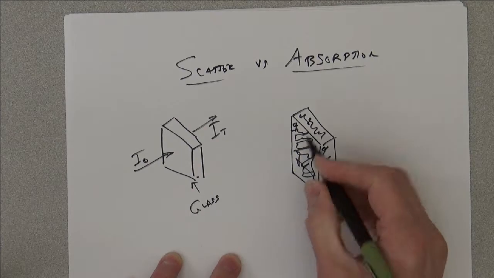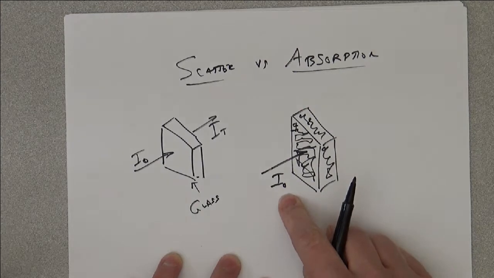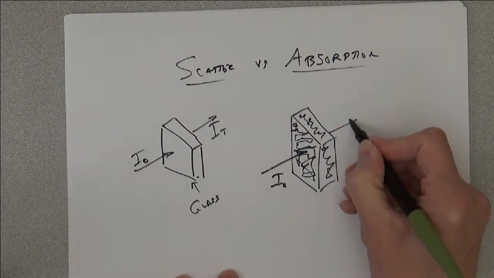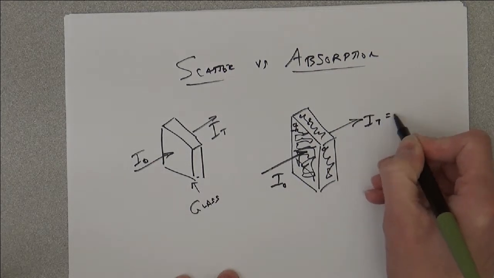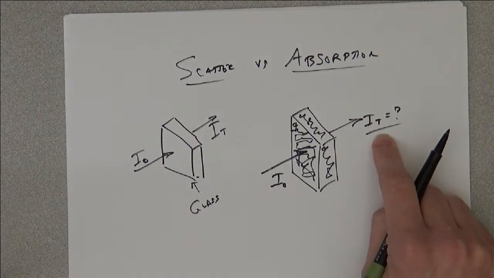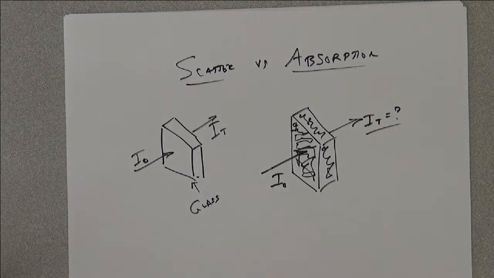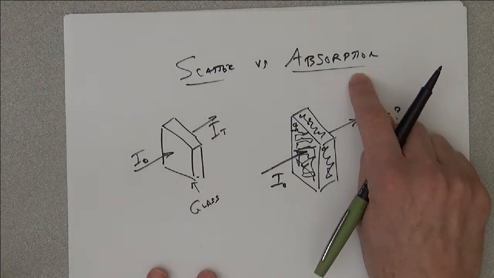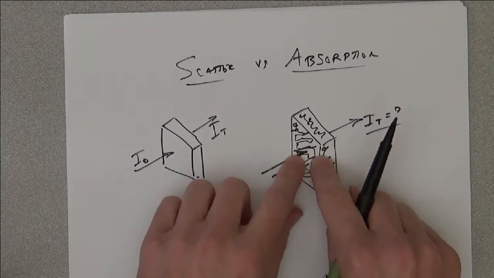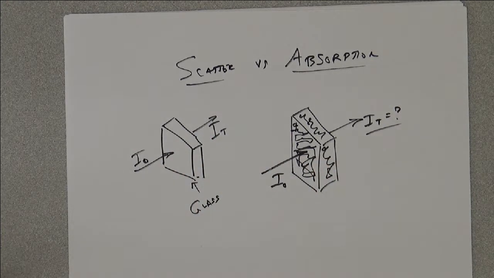And what's going to happen is if you have some incident light, then you'll have multiple scattering and you're actually going to have a significant loss. And this is a different process. So when we are discussing absorption here, we're primarily going to be discussing absorption in which the properties are not due to microstructural features, but are instead due to intrinsic optical behavior.